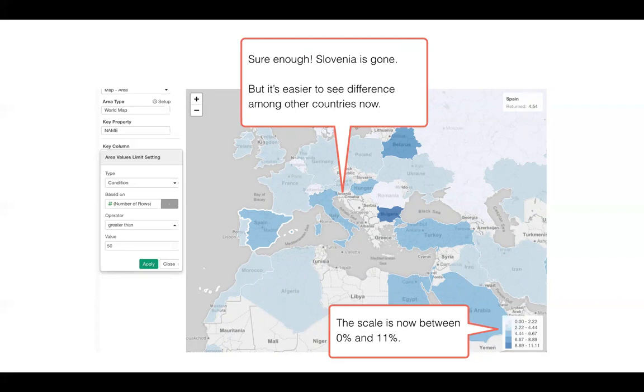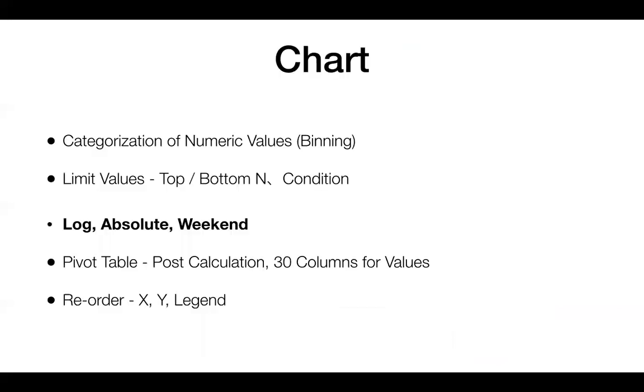Then only the countries that match that condition get displayed. Now Slovenia is gone, and the scale is now 0 to 11% return rate. So this is a much better view for comparing among the countries in terms of return rate. You can use this limit value setting in different charts as well.